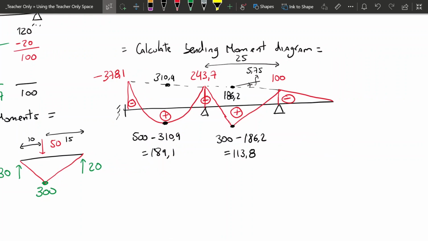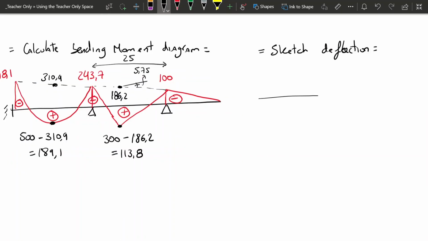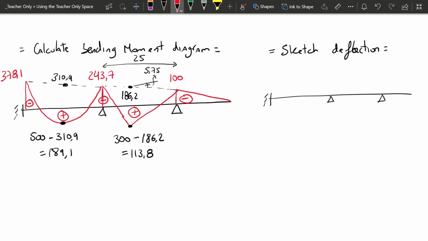Now let's go straight into the deflection, and then we do the shear force underneath. So to sketch the deflection, we're going to use the bending moment diagram again. We have a support here, and a fixed support here. And now by this stage you should start getting better at sketching this type of thing.